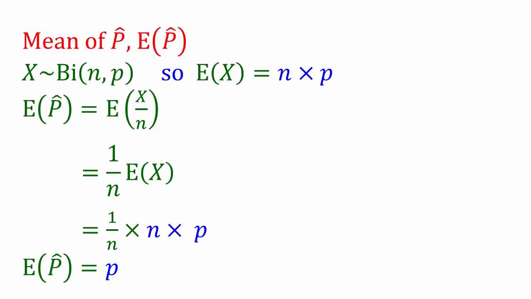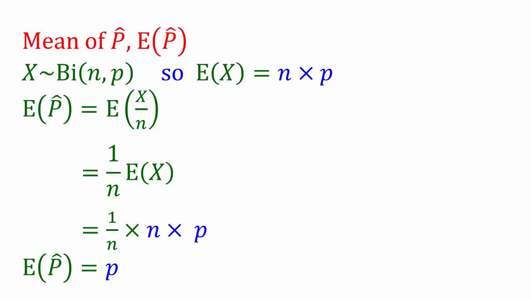On the formula sheet that you get with the exam, you will see that the expected value of the random variable p hat is equal to p. And that comes from some simple algebra. Because x is binomially distributed, its expected value is n times p. So the expected value of p hat is the expected value of x over n.